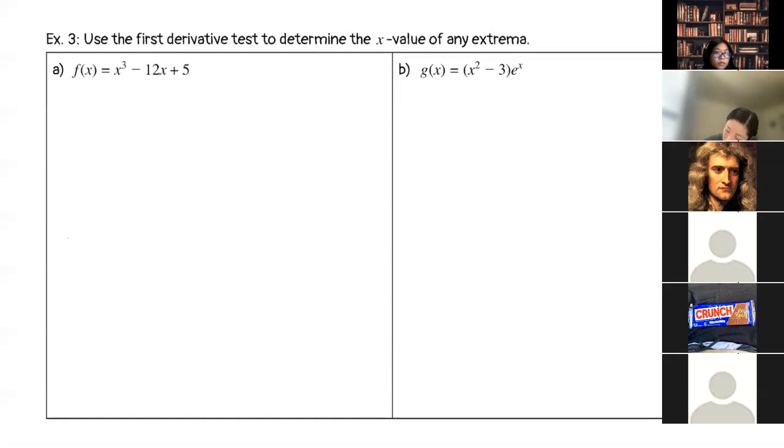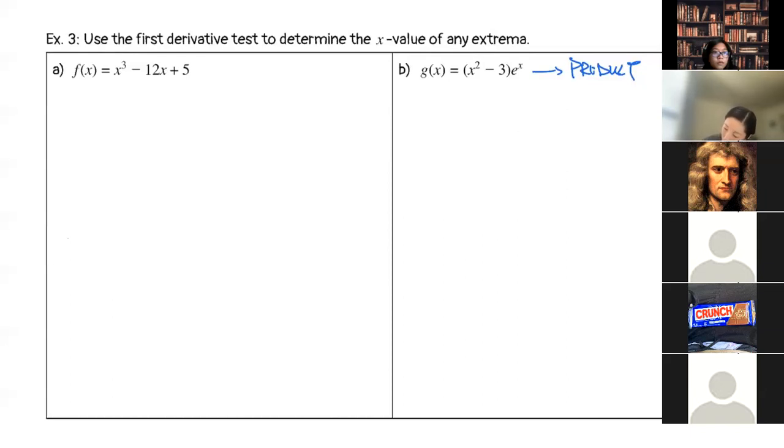If I want to find g prime of x, then the rule that might come to mind here is product rule, okay? And so that's why I'm picking B to go over, just as a reminder that sometimes we still need product rule when it's a product, okay?